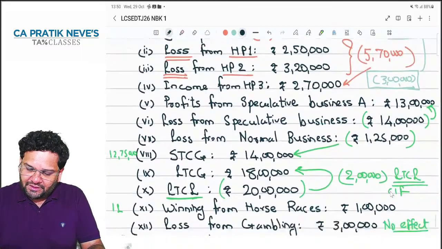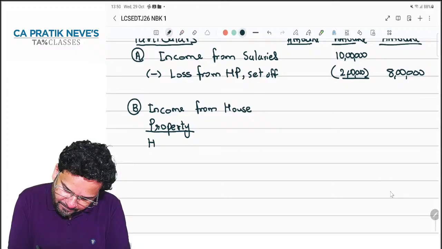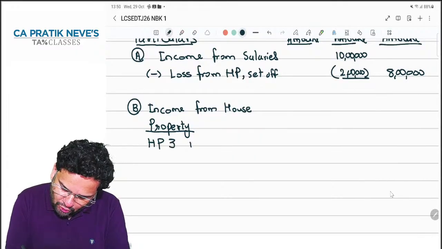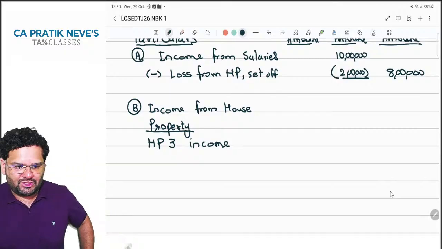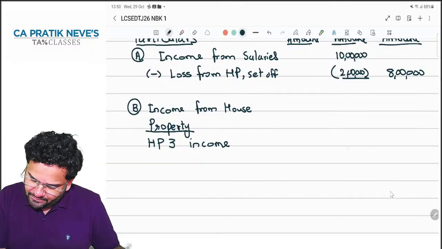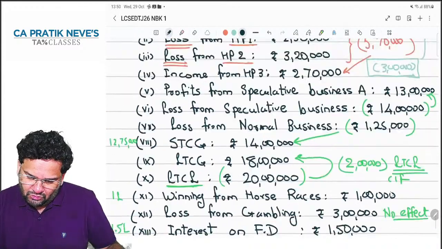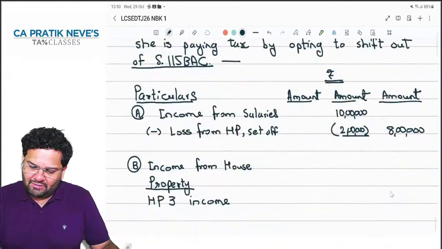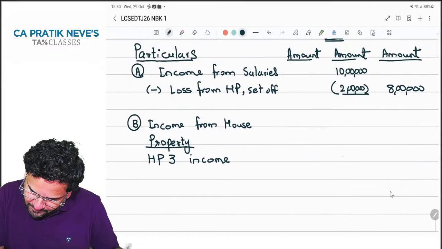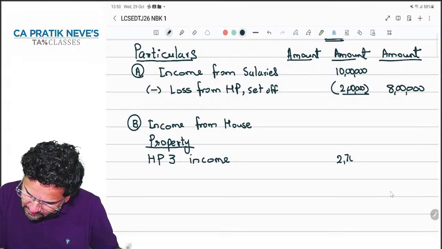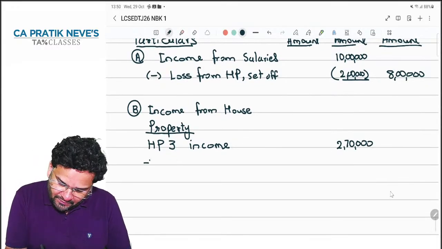Income from HP3, house property 3, is 2,70,000. So you write it here, 2,70,000.